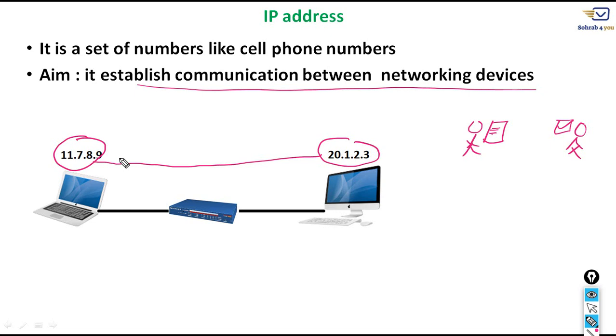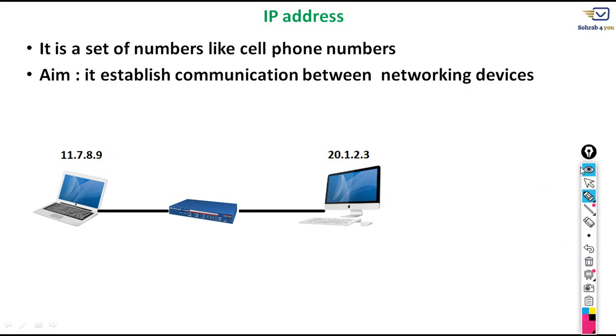Remember, any time you hear about the IP address, you should remember your cell phone number. If you have someone's cell phone number, you can connect, else you cannot. In networking also, if they know the IP address, they can communicate, else they cannot.